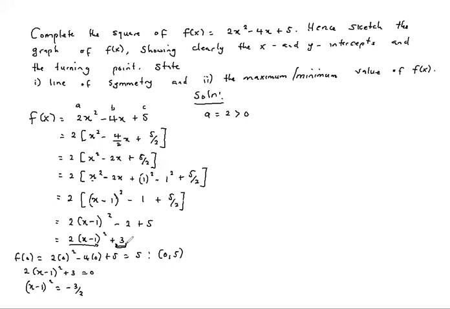Since you have established that you're going to have a minimum value, so we have the minimum value of f of x is equal to 3. That's the minimum value.